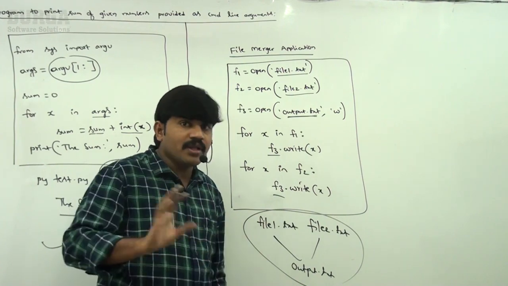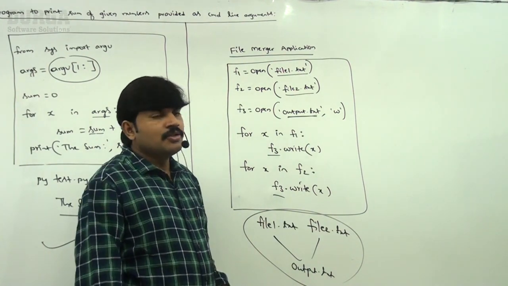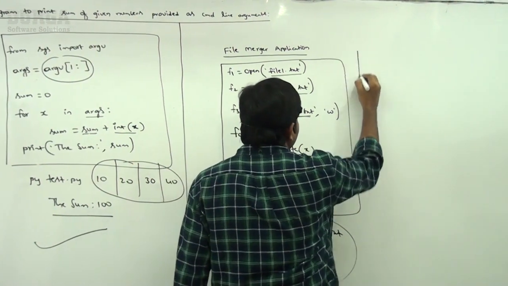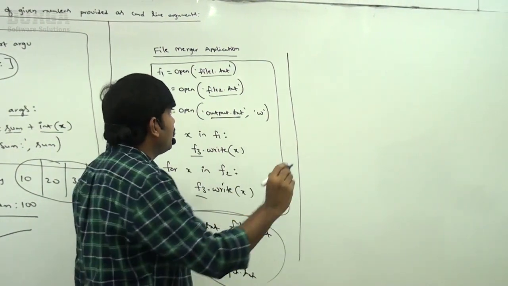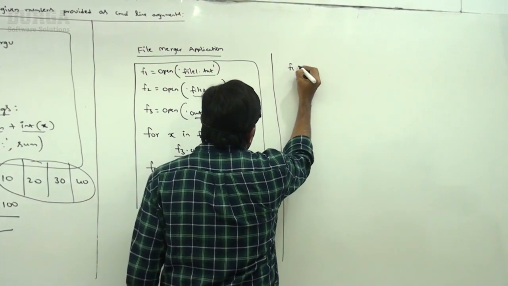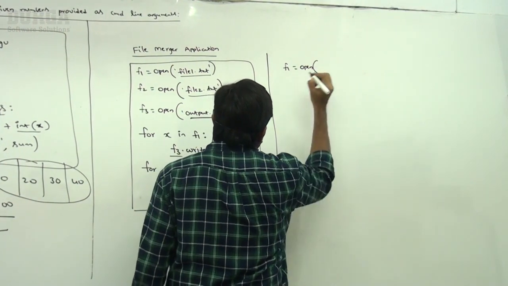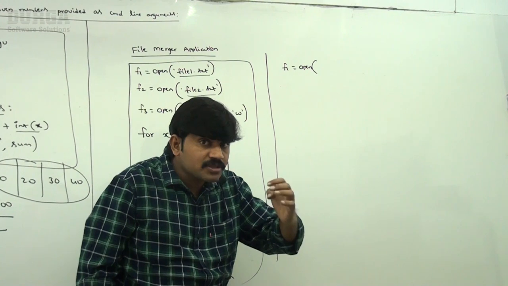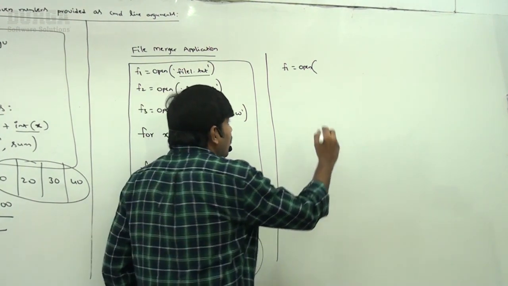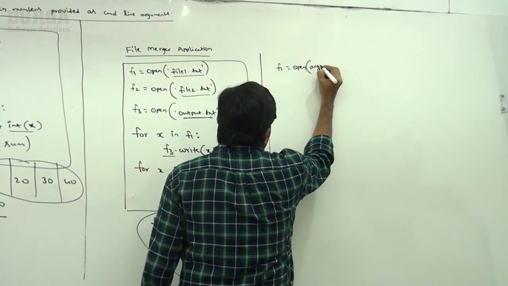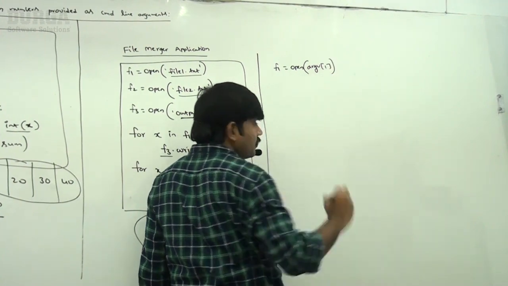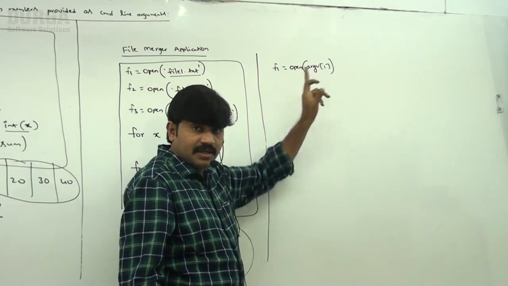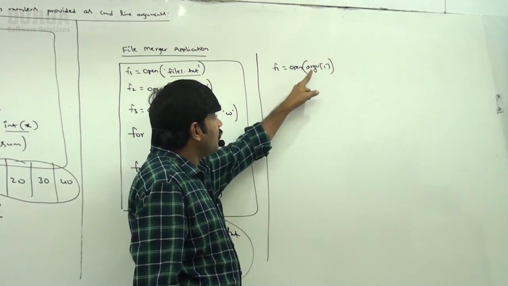Instead of hard coding file names, I will rewrite this application in a different style. Have a look once, observe very carefully. Here, can you please open: F1 is equal to open of argv[1]. I will pass the first input file as a command line argument; whatever file name you pass from the command line goes to the first file.